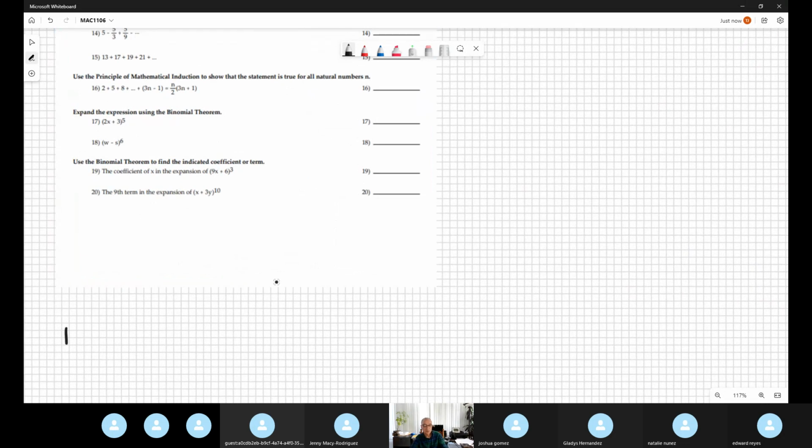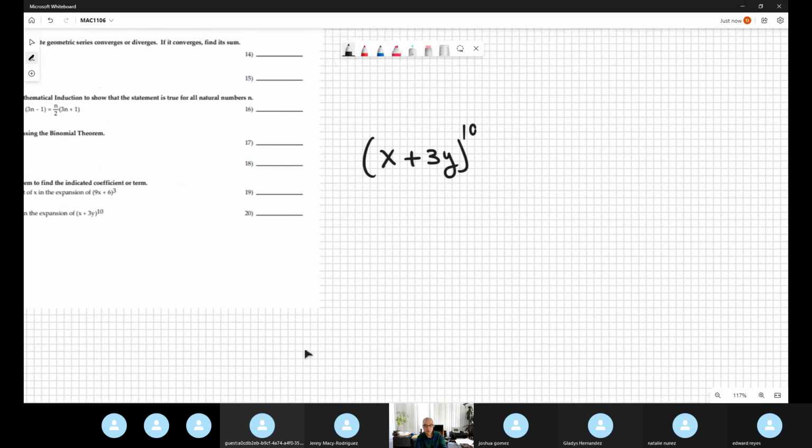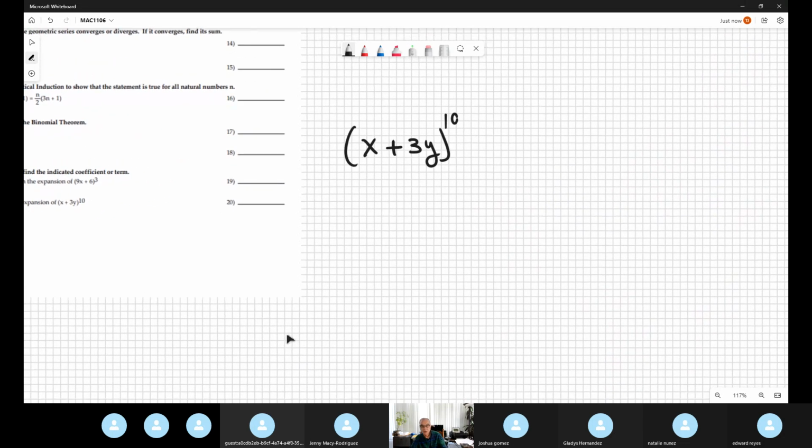For example, you have the binomial like that: x plus 3y raised to the 10 power. Looking at this, we expect 11 terms, from 0 to 10.